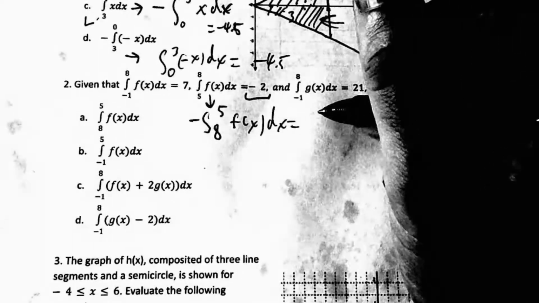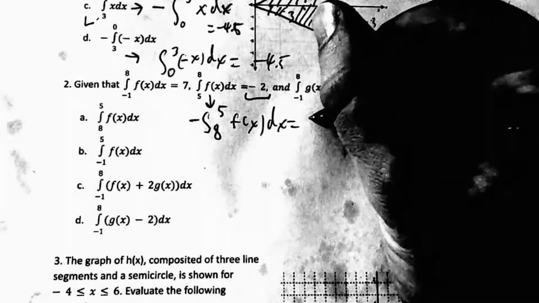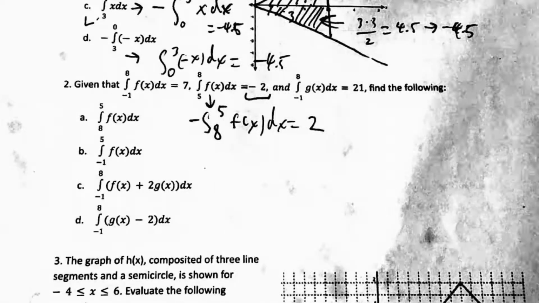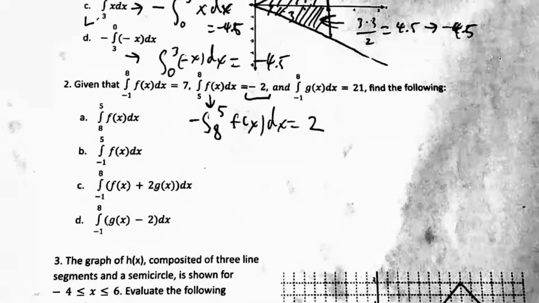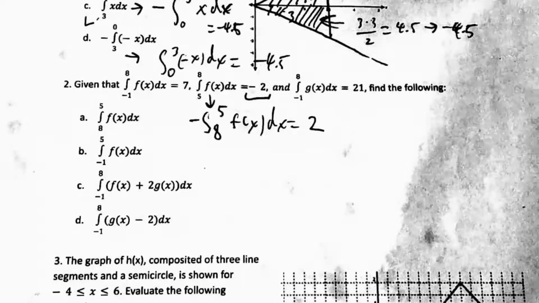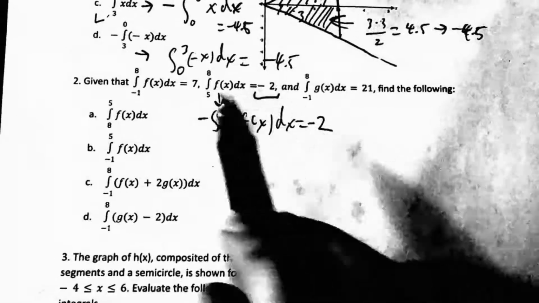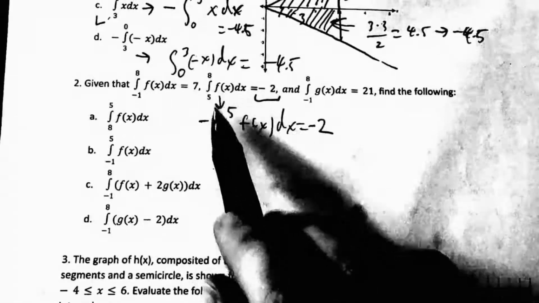So this is going to stay as negative 2. We're just rewriting the way that this is written.